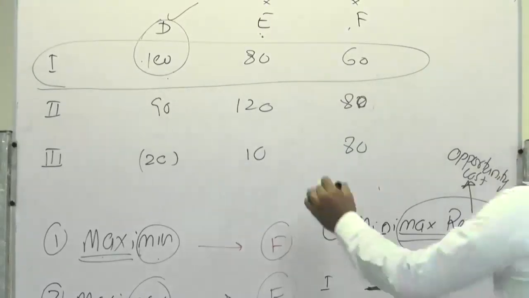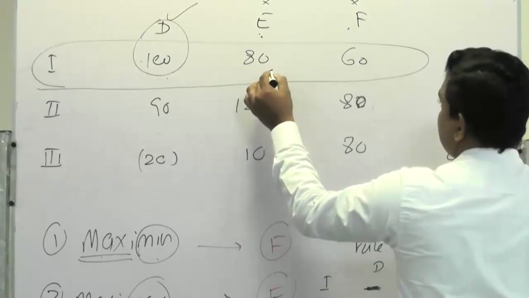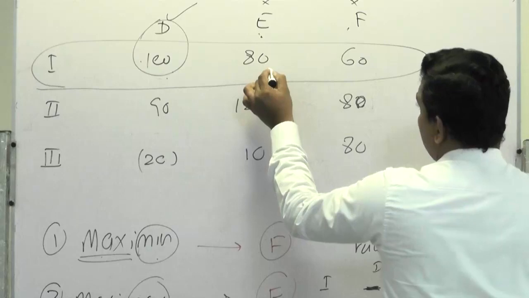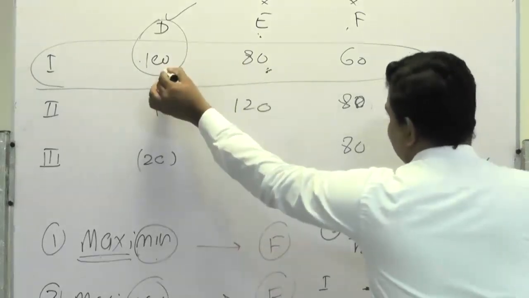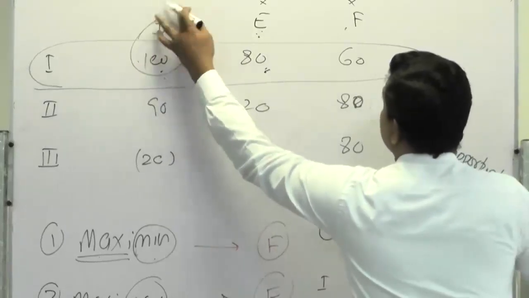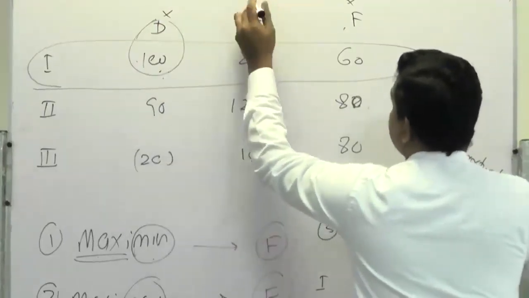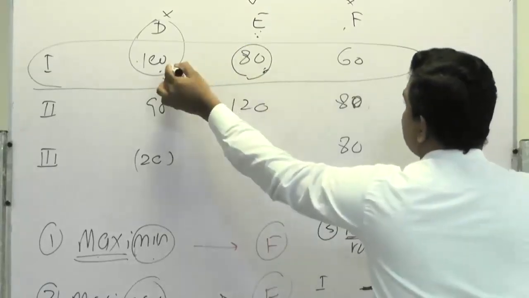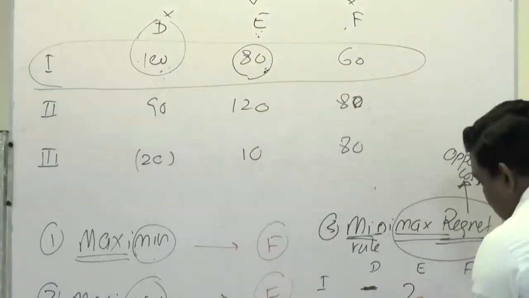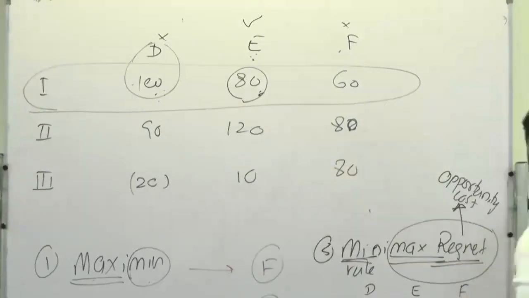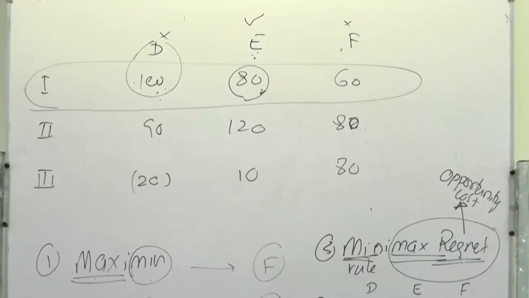But if you select E, you can earn only 80, but you will lose the opportunity to earn 100. Got it? If you select E instead of D, you will earn only 80, then you can't earn 100. Therefore, you have an opportunity cost of 20.